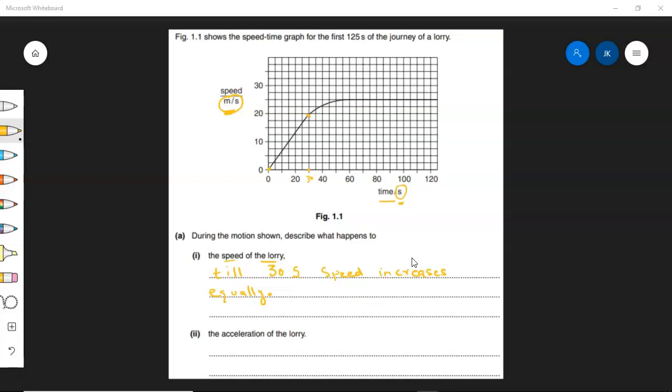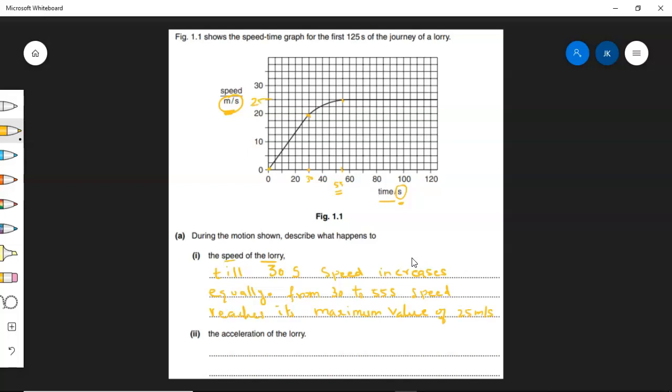Now you can see 30 and here this one 55 seconds. From 30 to 55 seconds speed reaches its maximum value of 25 meters per second.